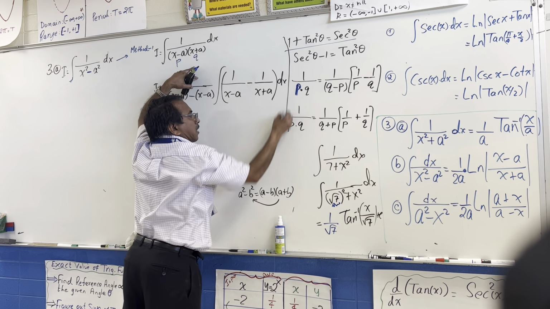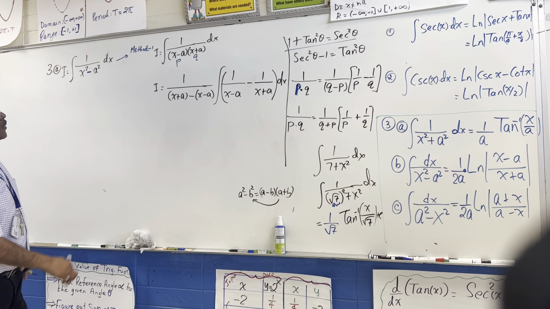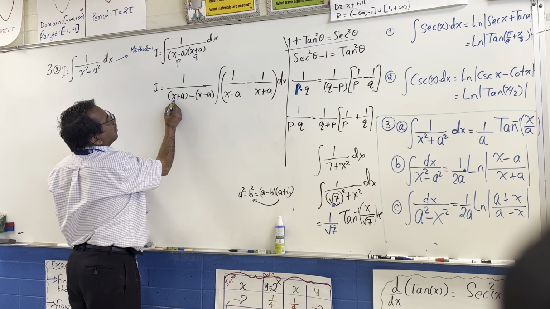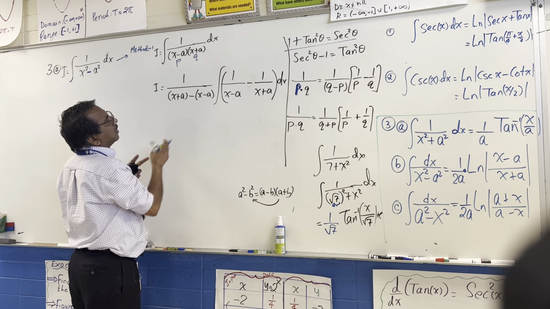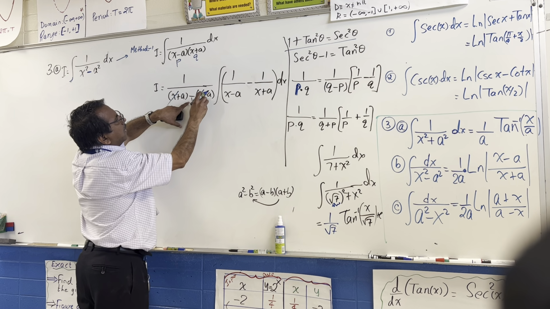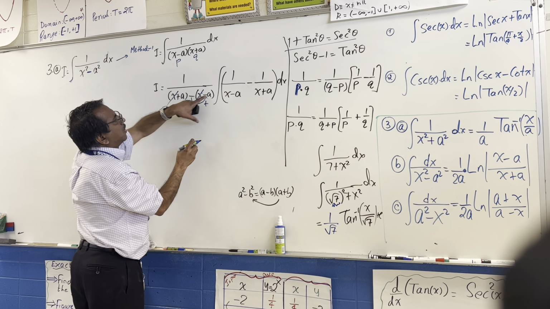Okay. Now let's open this. When you open this, this will be minus x, so this minus x and this will cross out. And this negative and this negative change to positive. So you have two a's.